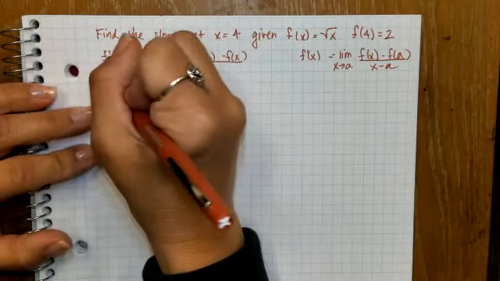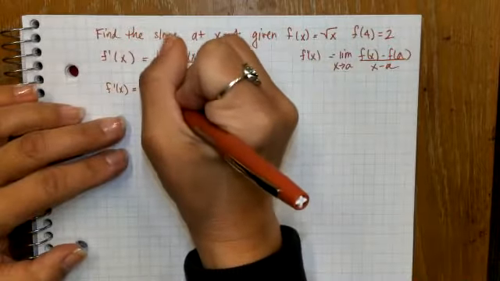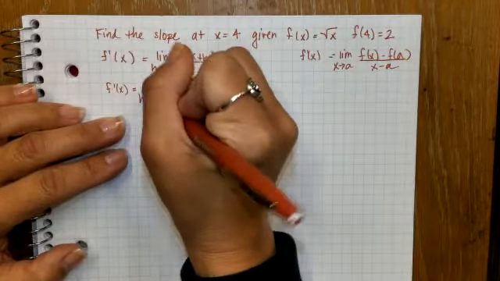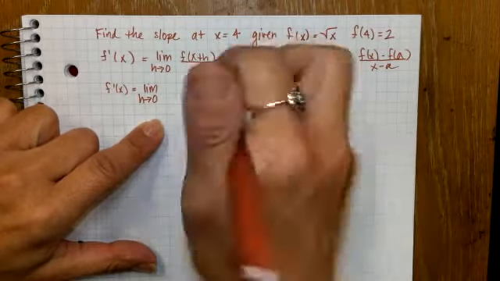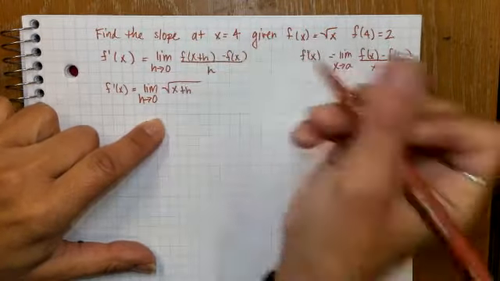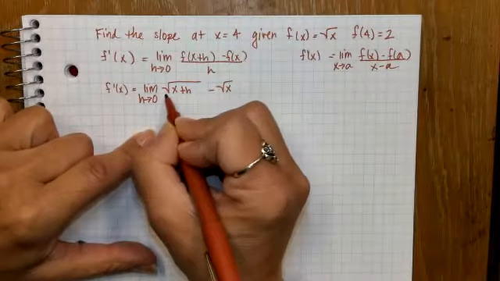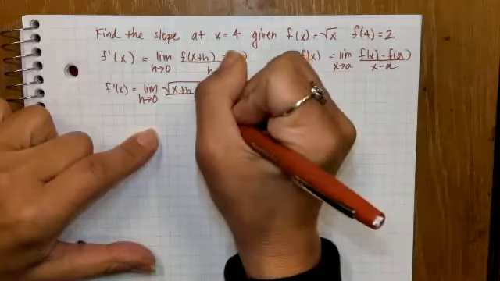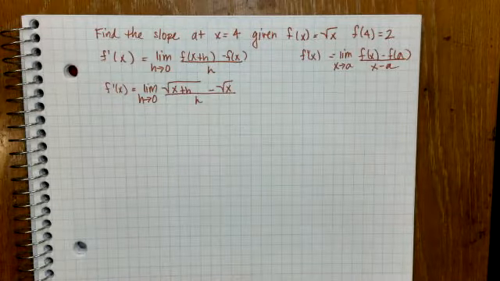Okay, so I'm going to get started. You can finish it or go back if you are a little bit confused where I got some of these answers. Square root of x plus h minus f of x, which is the square root of x, all over h. And I know x is 4.